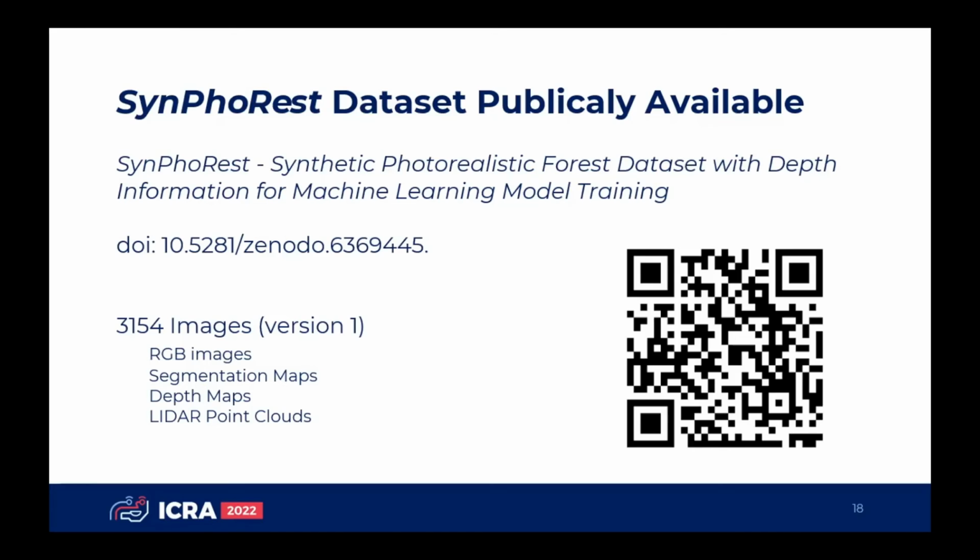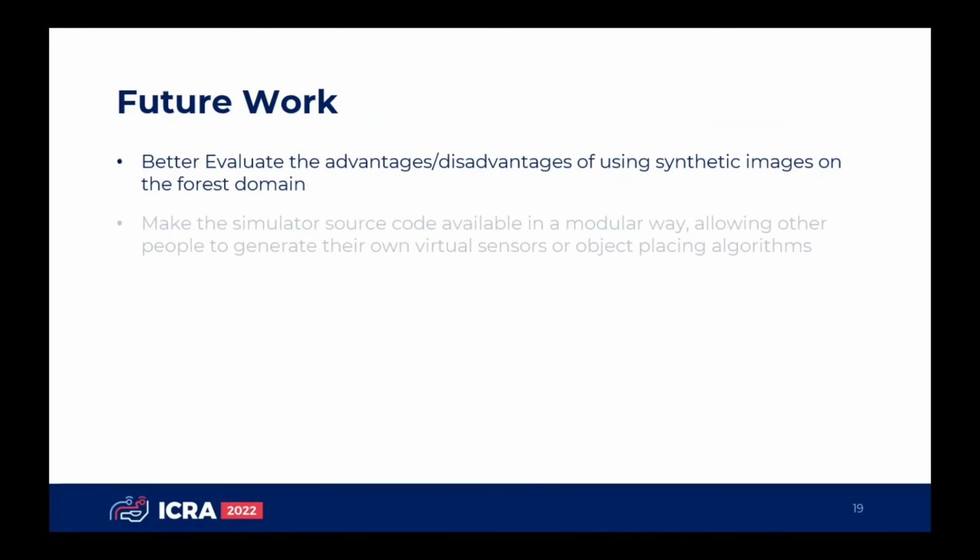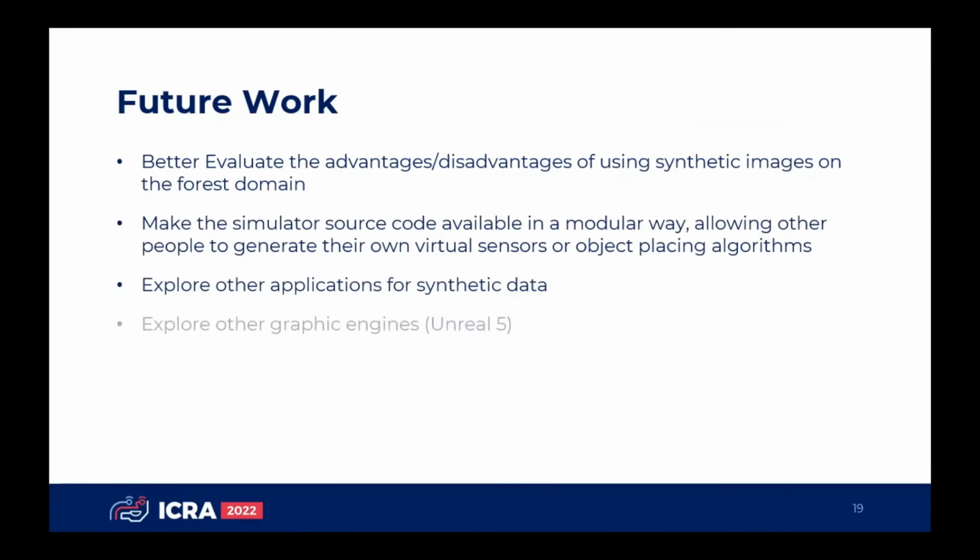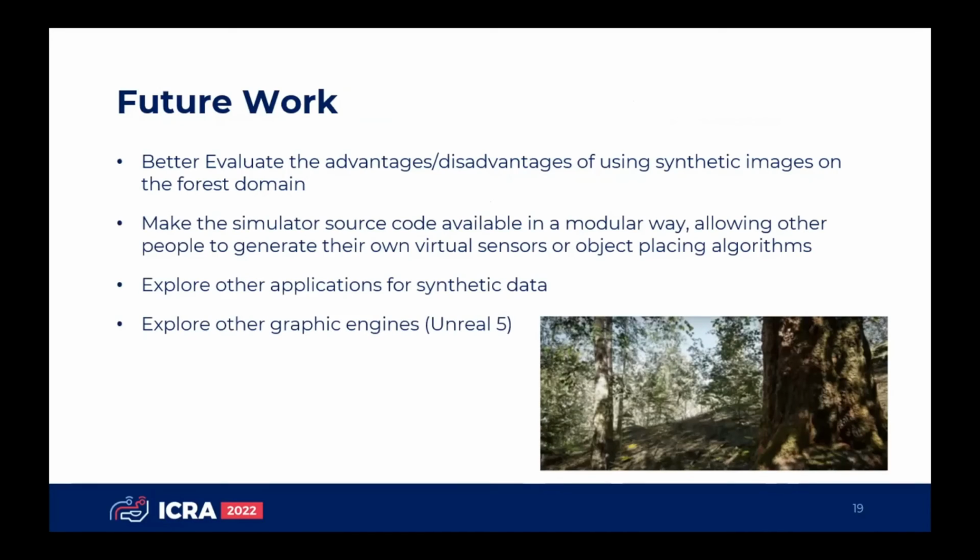Okay, and future work. I don't have time to go into it, so I would like to just leave, as Miguel said this morning. We think that we need to try Unreal 5, and we did some experiments with it, and it has two major features. One is that the global illumination model is amazing, and it's not that expensive in terms of computation.